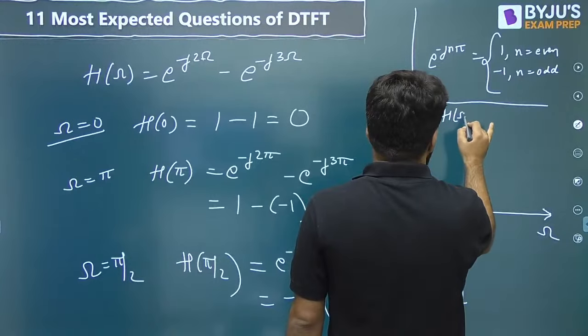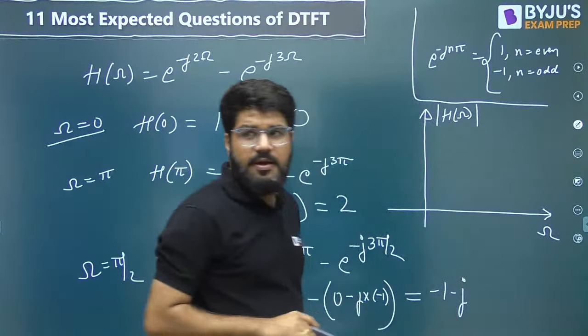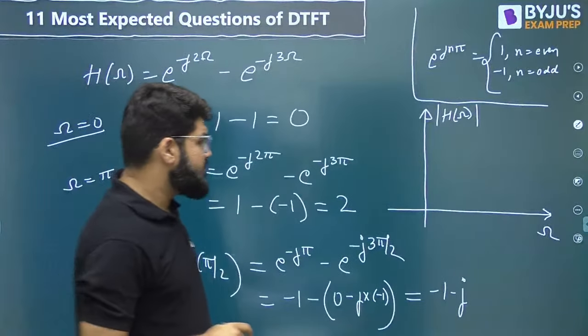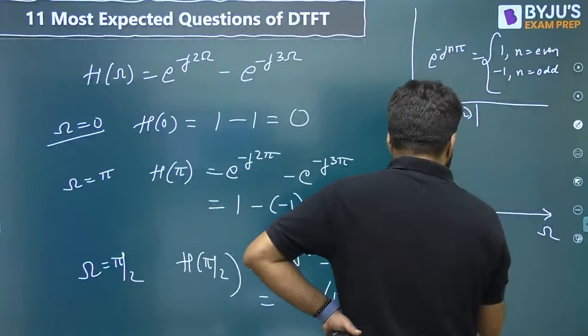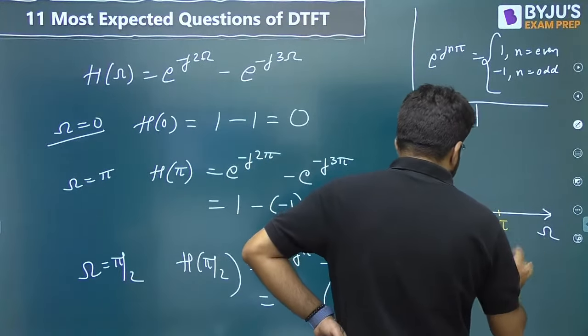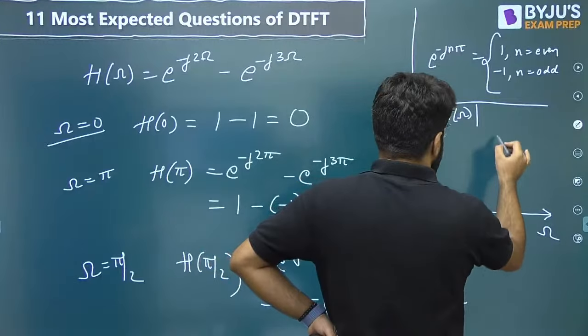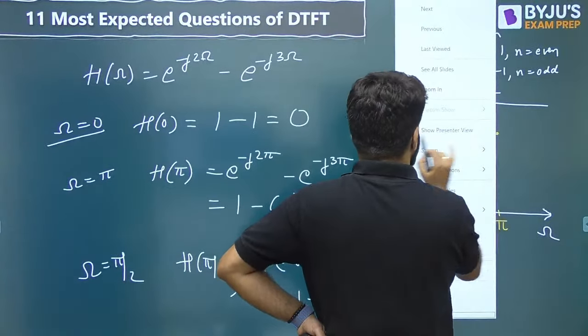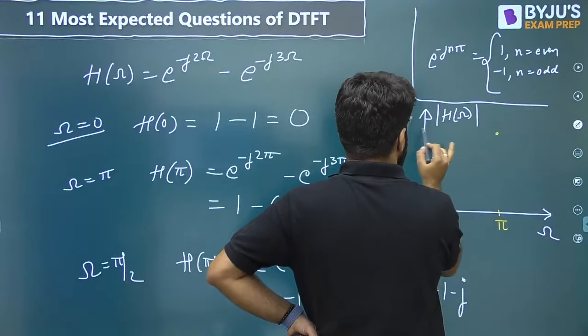So the sketch of the spectrum: modulus of H omega as a function of omega. Let's show for 0 to pi, for positive frequency only. At pi, the gain is equal to 2, which we have calculated.